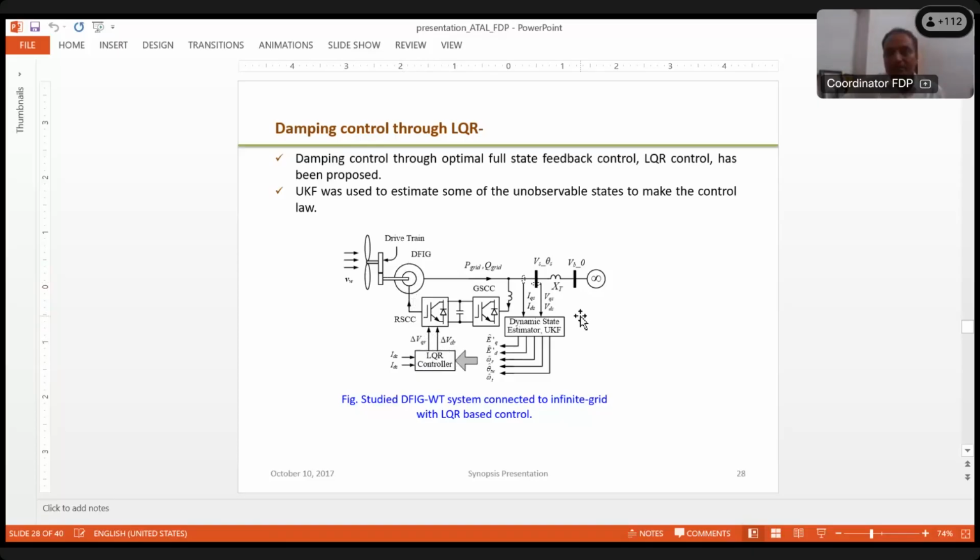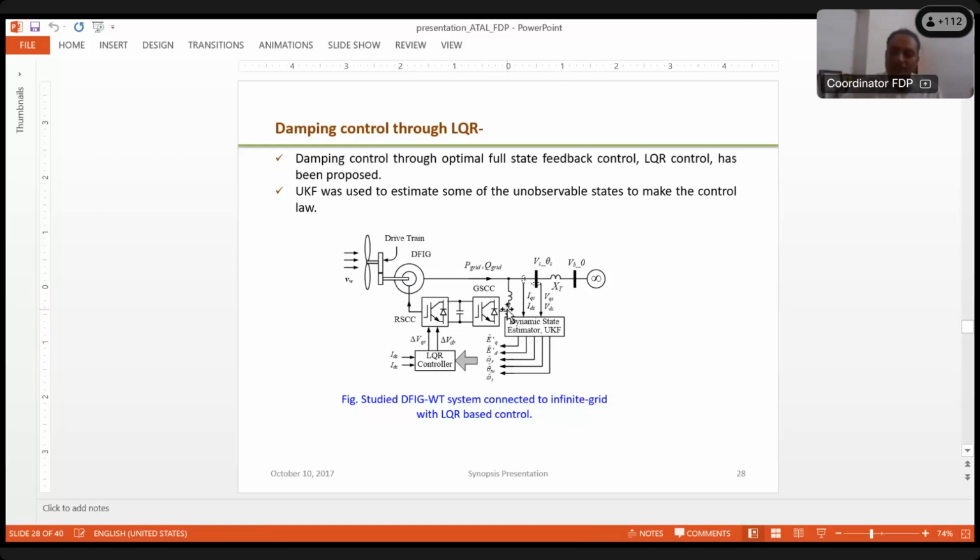So what exactly is the basic theme? We are simply designing the rotor voltage in such a way that it damps the oscillation of the generator. Since we are feeding all the states, it damps all the states, because all these states are associated with the active power, reactive power, stator voltage, and the voltage and power associated with the rotor also.